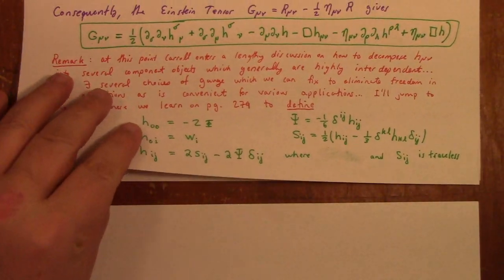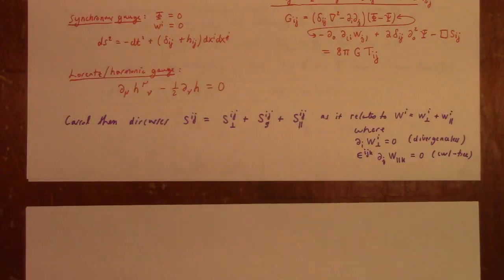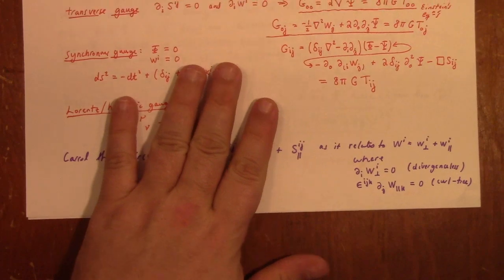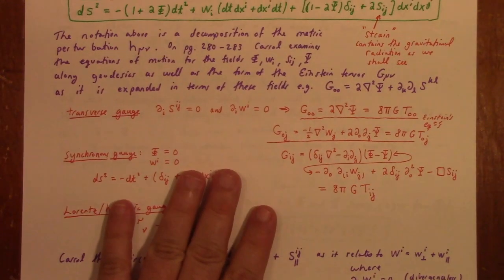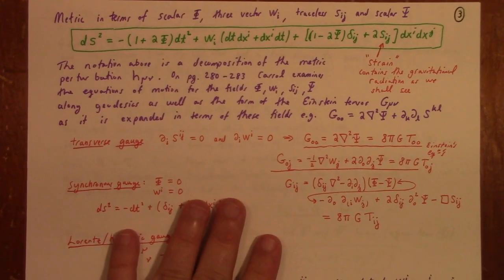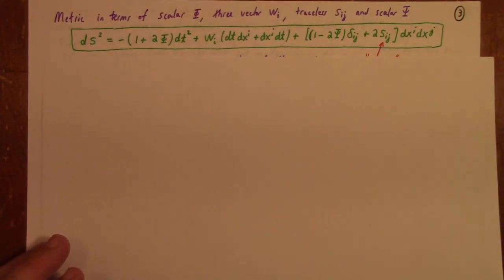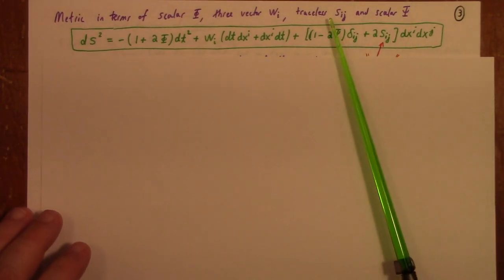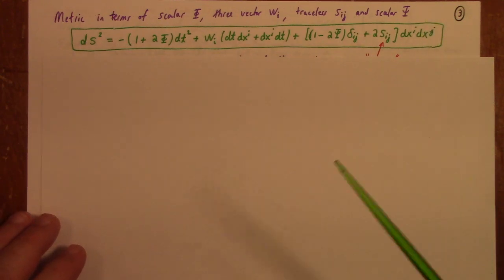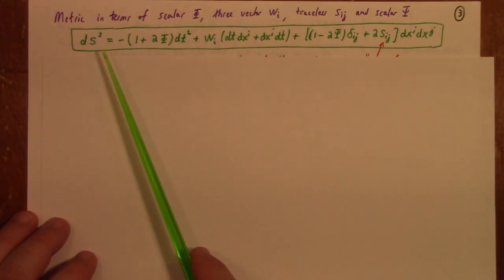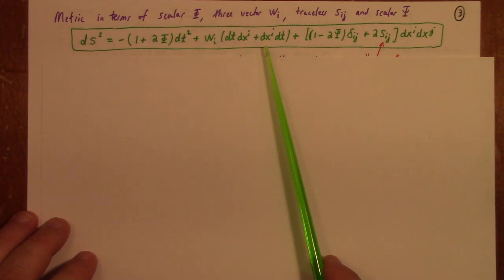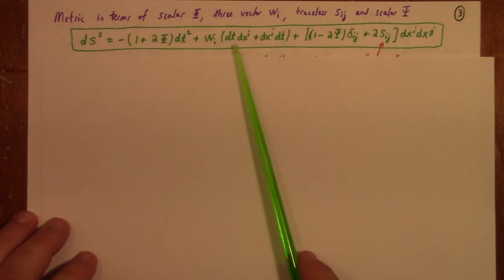Now, all right, so going on here. So here's what the metric looks like in terms of all this jibber jabber. You got your scalar, your three vectors, wi, your traceless strain, your scalar psi, and so here's your linearized gravity metric, like so.